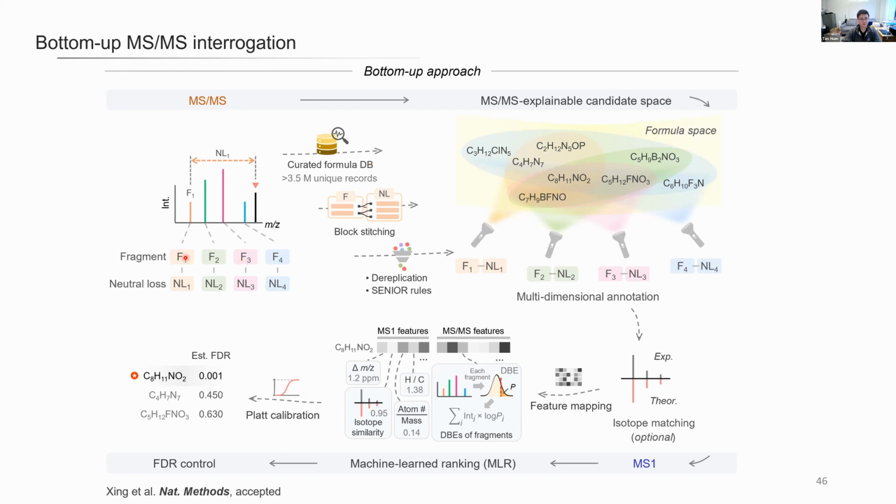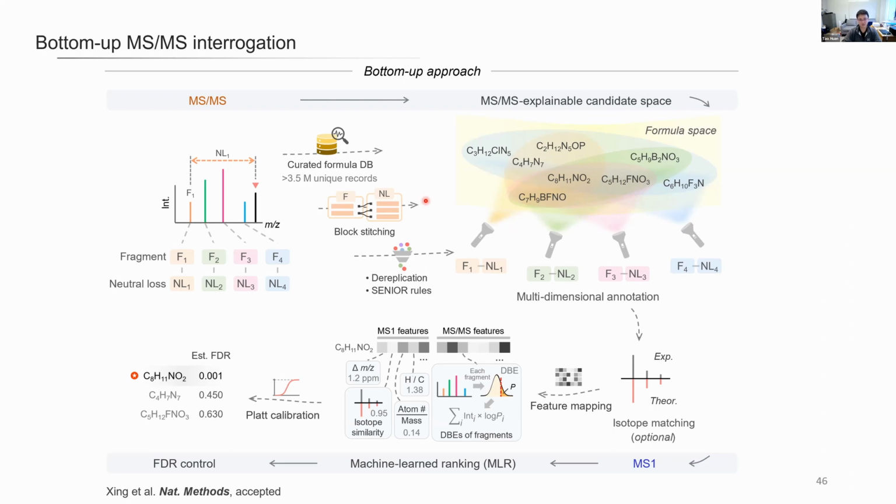Both fragment and neutral loss are searched against these 3.5 million records. In principle, the fragment has 3.5 million possibilities, and the neutral loss also has 3.5 million possibilities. Then we combine the formula of the fragment and the formula of the neutral loss, which leads to trillions of molecules.